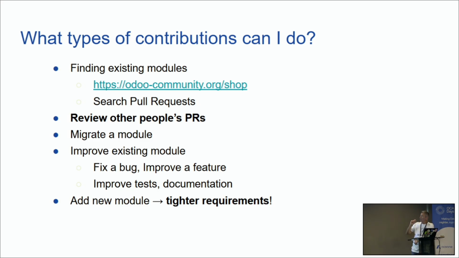So migrate a module. The next thing in complexity is to improve an existing module. It's usually a bug fix, submitting some improvement, like a UI improvement, adding a bit of flexibility so it can support different use cases. The other kind of contribution, which is just as simple, is improving documentation.